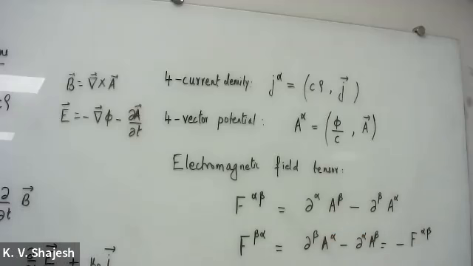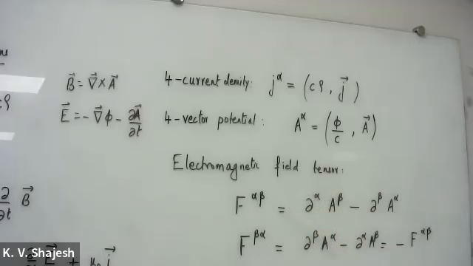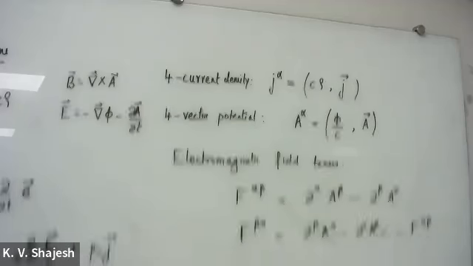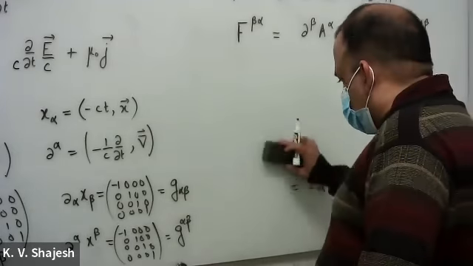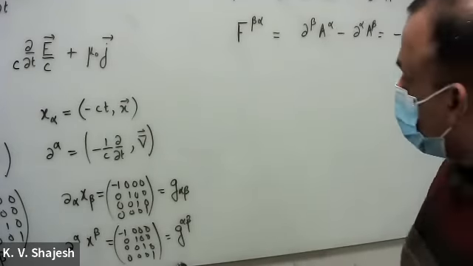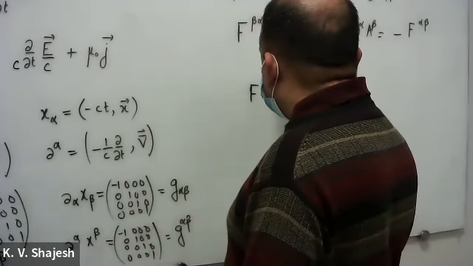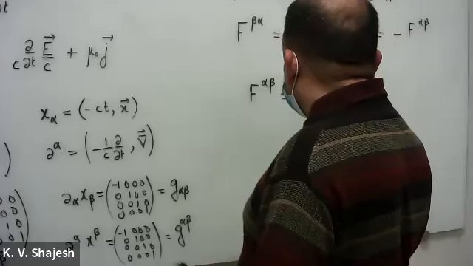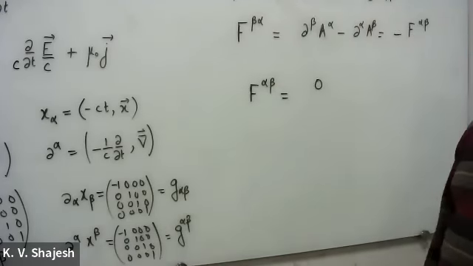If it is antisymmetric, immediately that tells us that F alpha beta has the form 0, because if this is minus of that, that cannot be the 0th term.